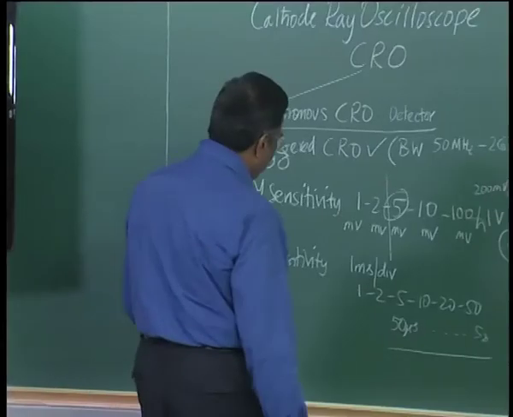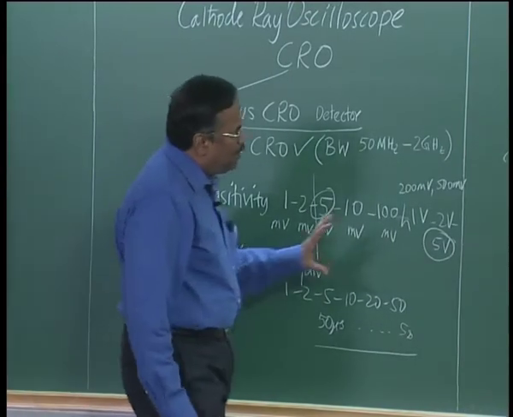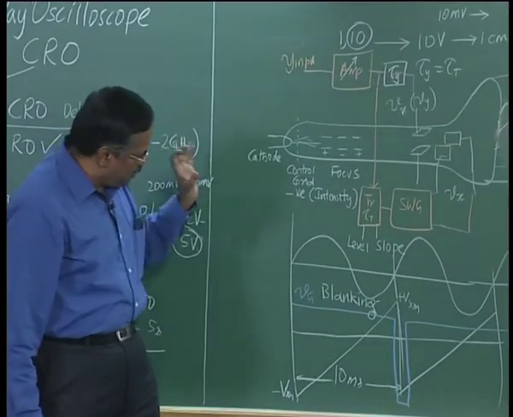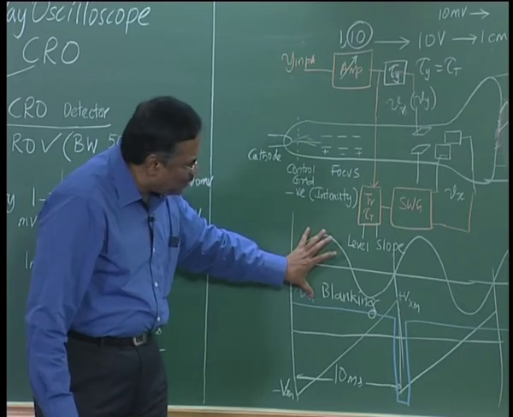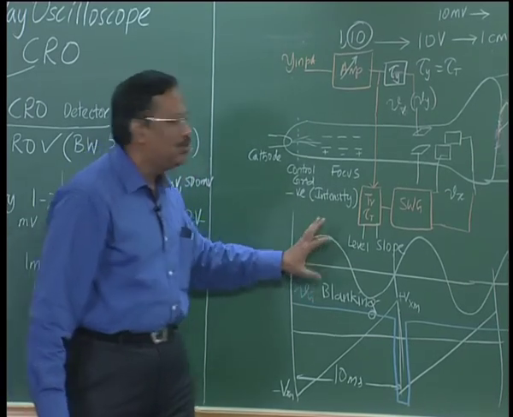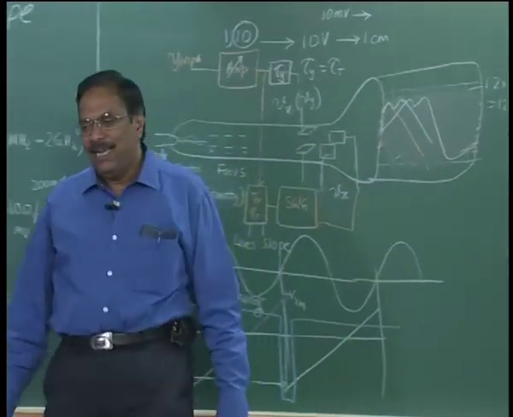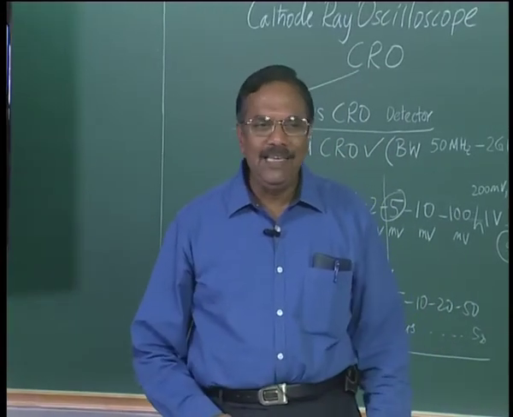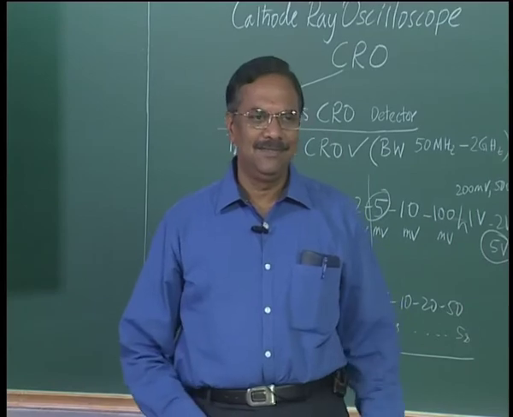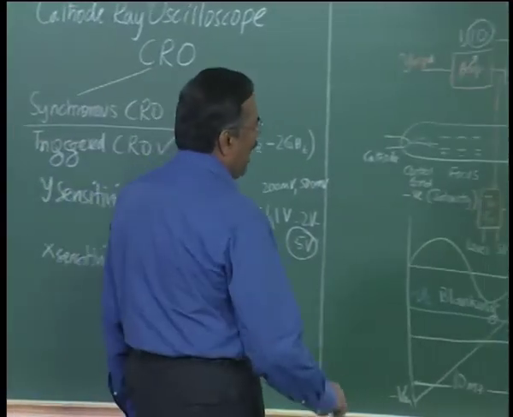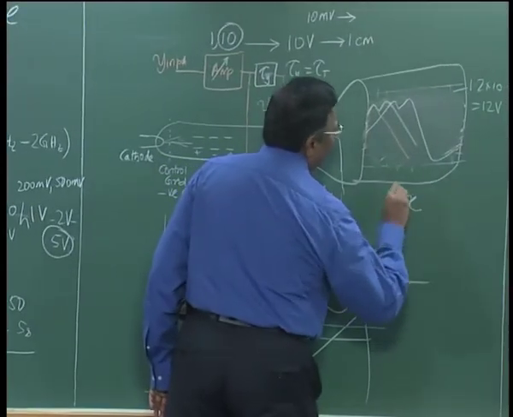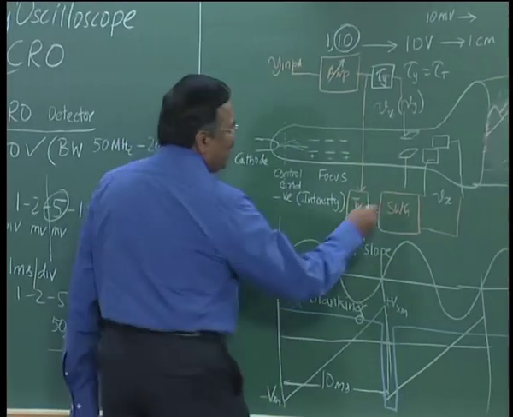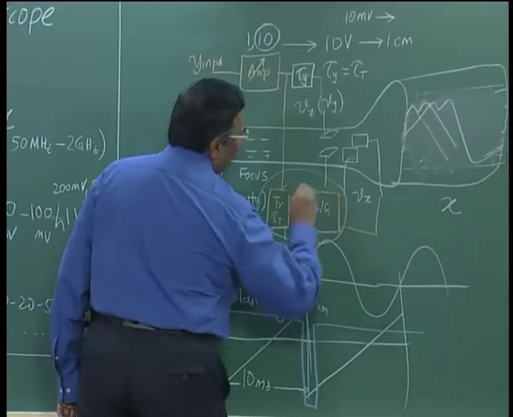Of course, 2 gigahertz oscilloscopes will be very, very expensive. The moment an oscilloscope is built, there is one Y input and we generate a sawtooth waveform on the X to show that Y input. It could be for some reason I need to see one signal versus the other. I need to see what happens when I have an X signal versus Y signal. In such a case, the sawtooth wave generator and the trigger I do not need.